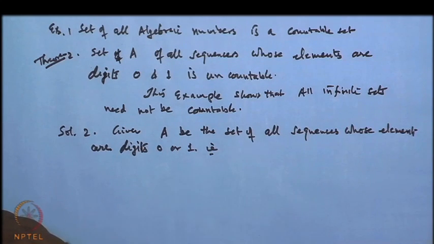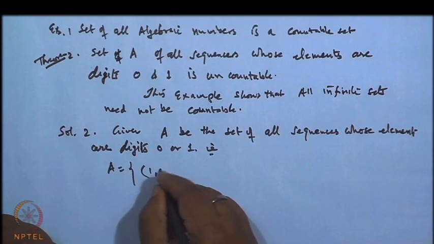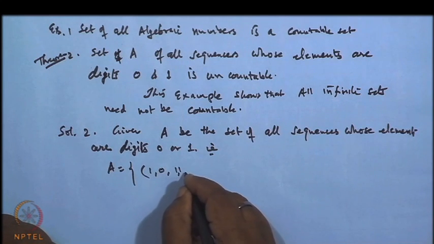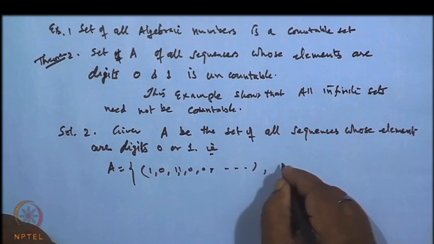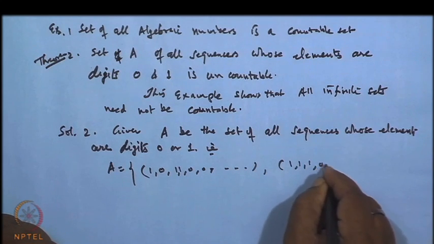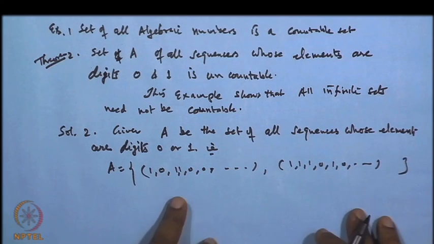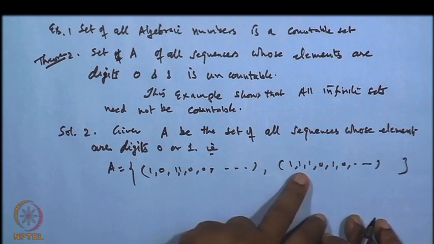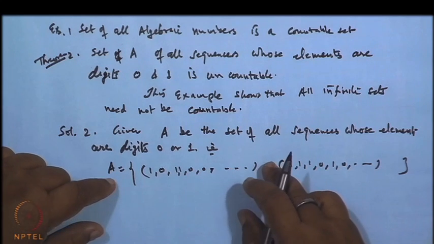That is, A will be a set of this type of sequence, say 1 0 1, 1 0 0, or maybe 1 1 1 0 1 0, like this. Means all these infinite sequences where the digits are either 0 or 1. We claim that this set will be an uncountable set.